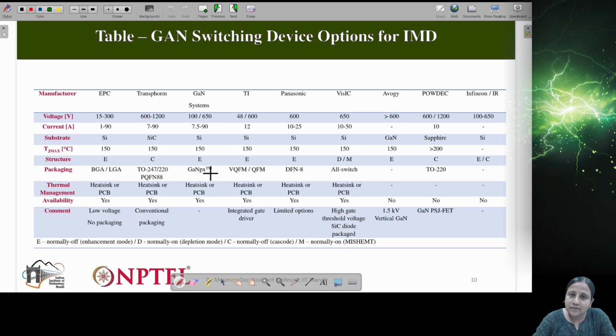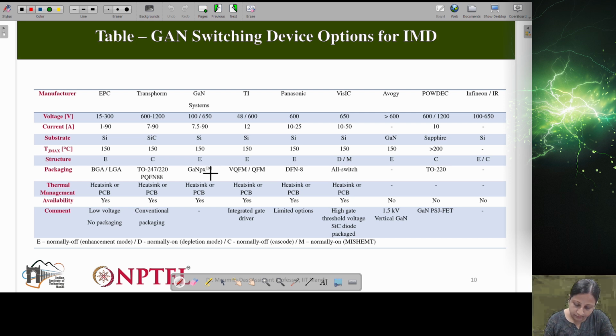GaN devices have much lower junction capacitances, which allows them to operate at much higher frequency. But at high power levels, the silicon carbide device is more suitable than the GaN device. The operation of silicon carbide at higher temperature is also much better.